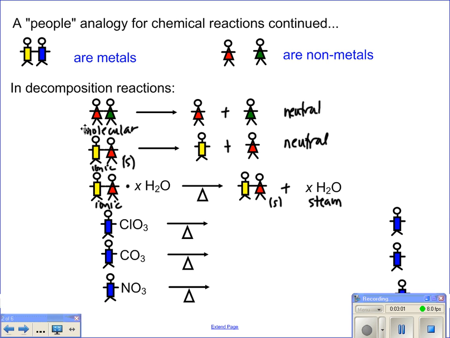The first one decomposes into the metal part of that chlorate compound bonded with chloride. That would be a solid that would be left over as well because it's ionic. It would have a very, very high melting point. And a gas would be given off, and that gas in this case is oxygen gas.